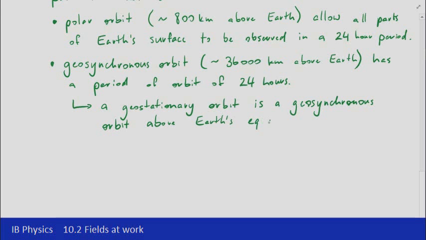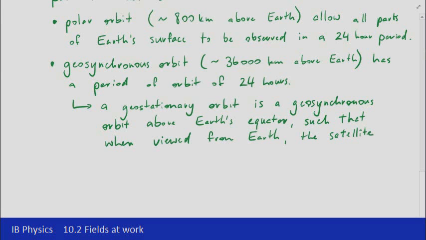And what that means is that if you were to imagine observing a geostationary orbit, the satellite will always be in the same part of the sky when viewed from the surface of the Earth, or at the same position in the sky.